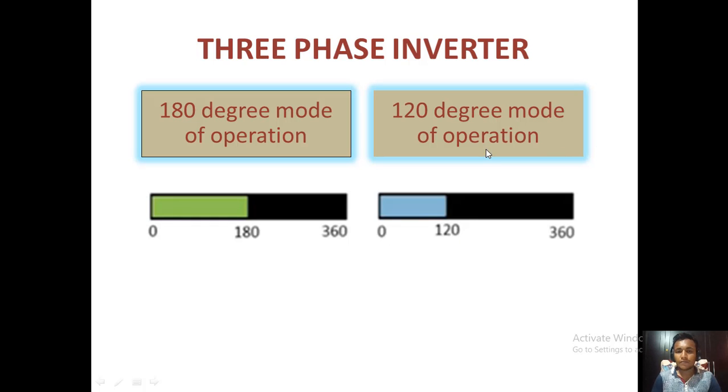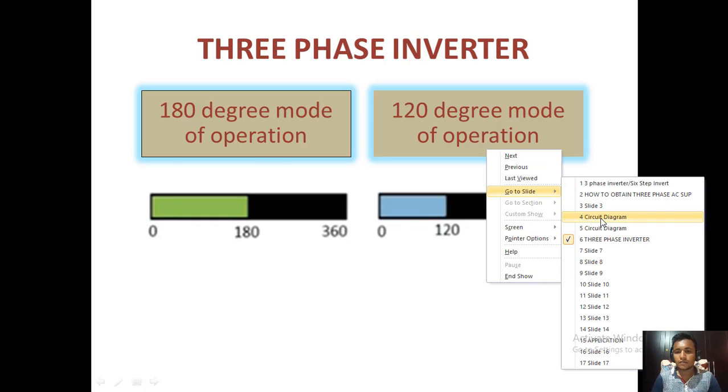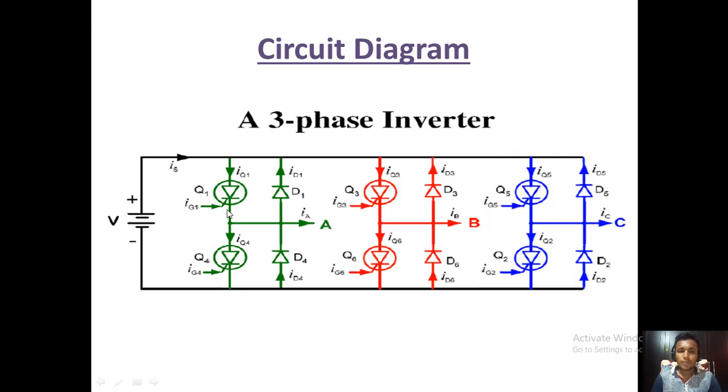In this circuit diagram, we have seen 6 thyristors, and there are 6 intervals. In every interval, 3 thyristors remain on.